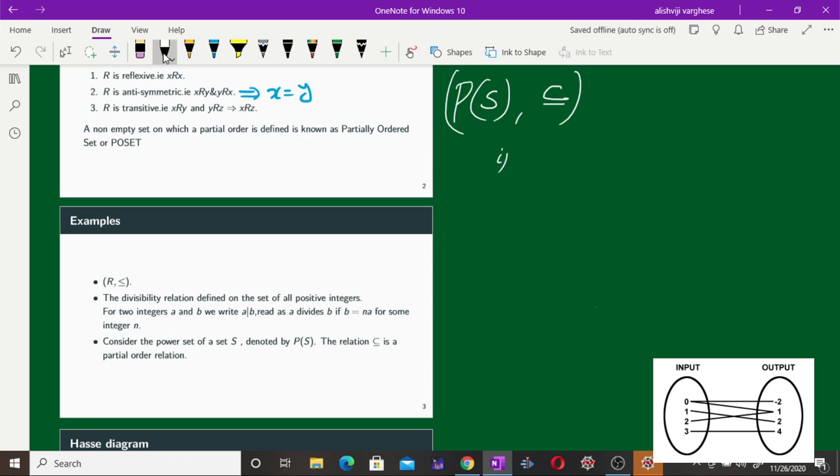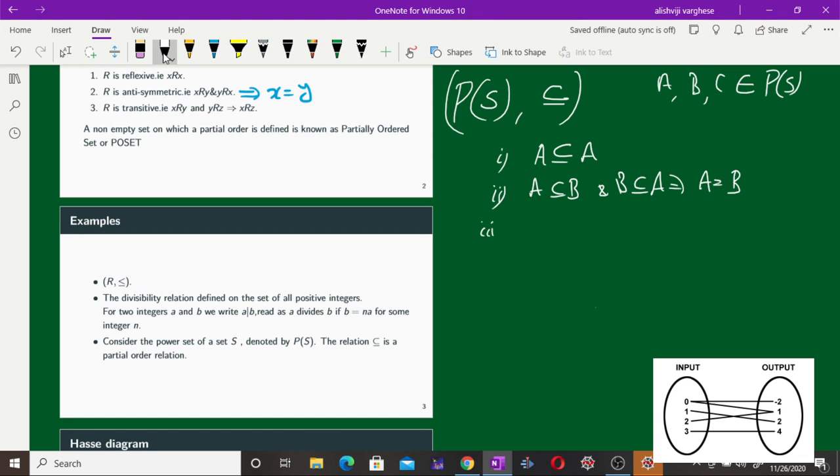Now, obviously, if we take three elements A, B, and C in the power set of S, then A is a subset of A itself, that's reflexive. Second property, A subset of B and B subset of A means A equals B.